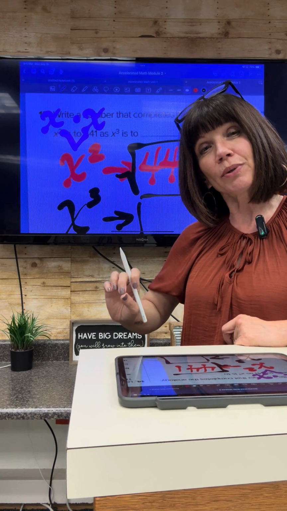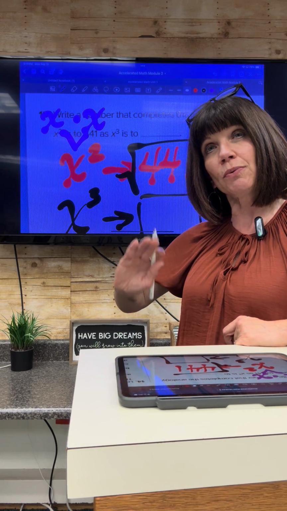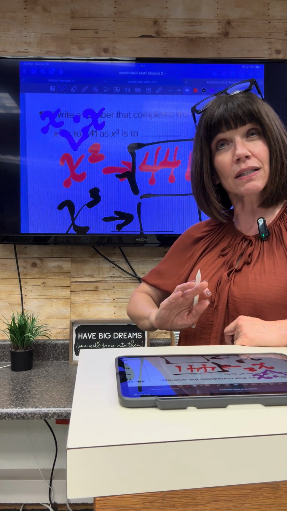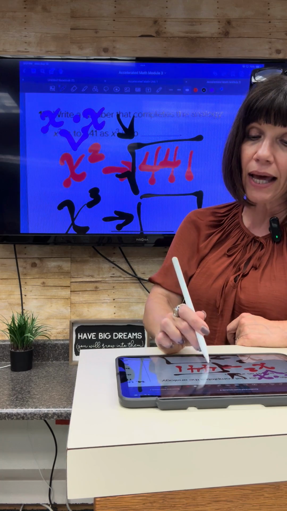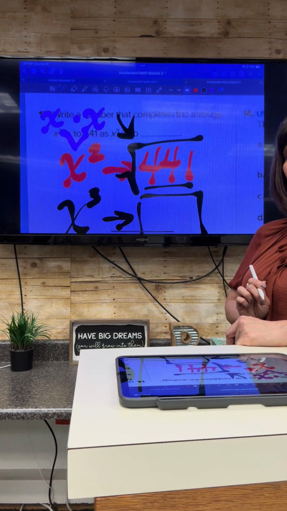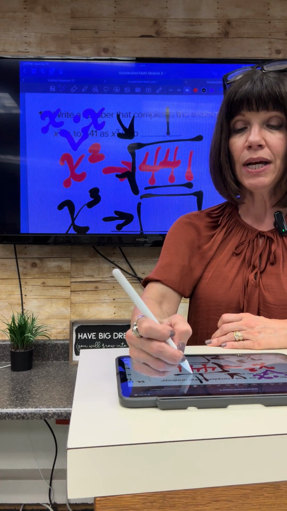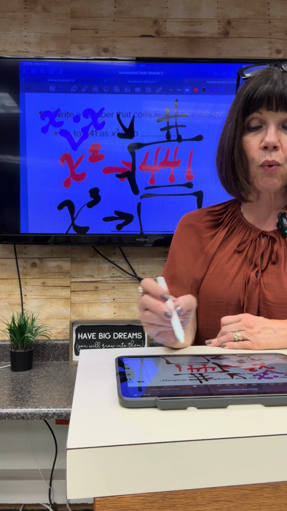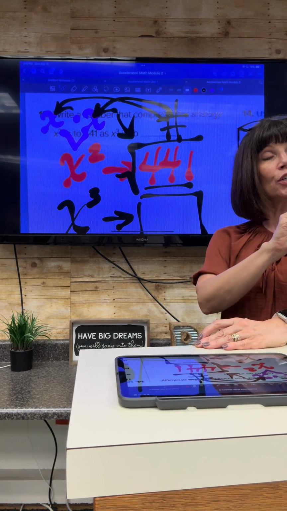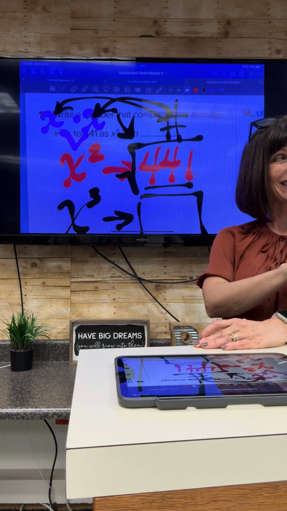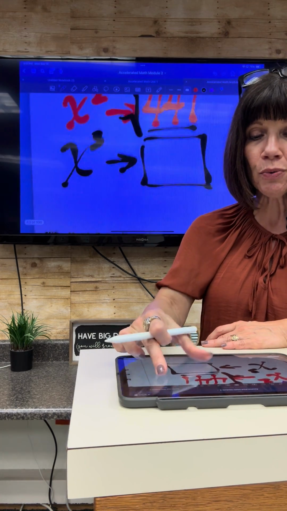And when you're at home doing your homework, remember I've linked for you an online calculator in Canvas. And in that calculator, you can choose the radical symbol and then type the number inside of it. Whatever number it gives you, that is the value of what? X.